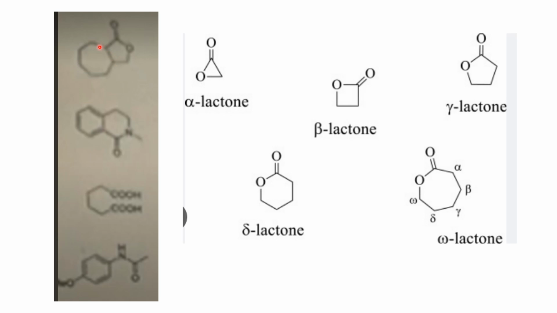Okay, so this ring contains 7 carbons. Let us count 1, 2, 3, 4, 5, 6, 7. So it is a cycloheptane ring.